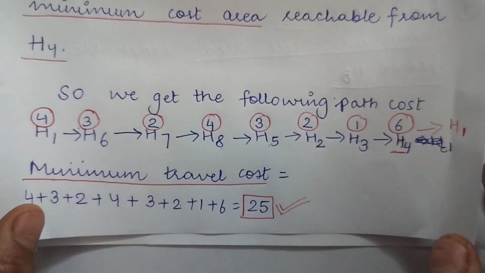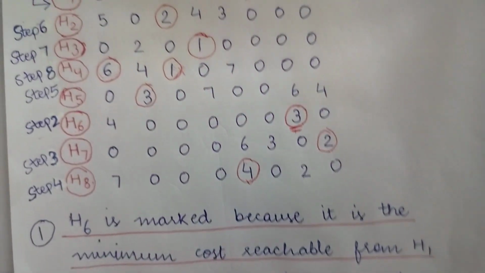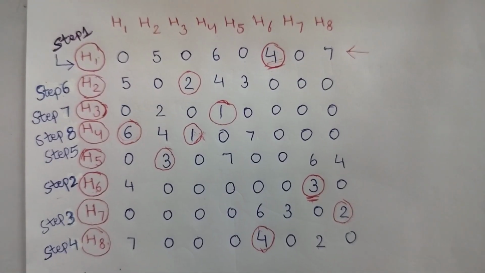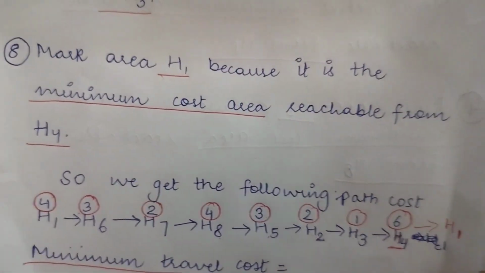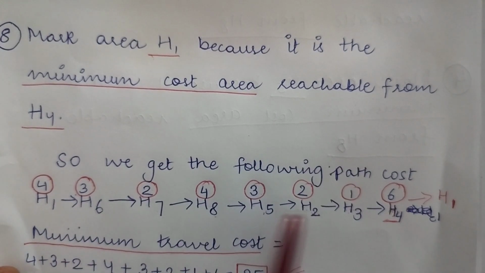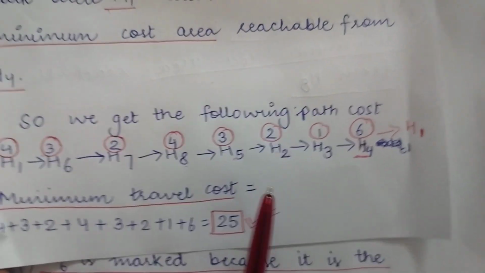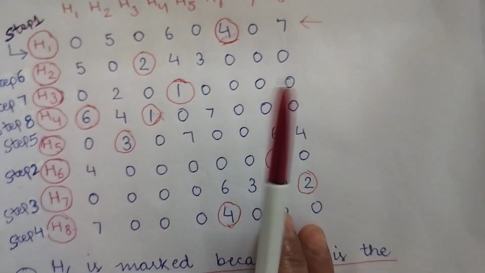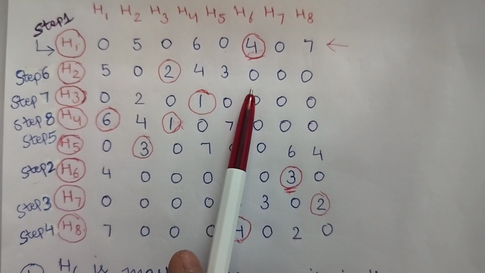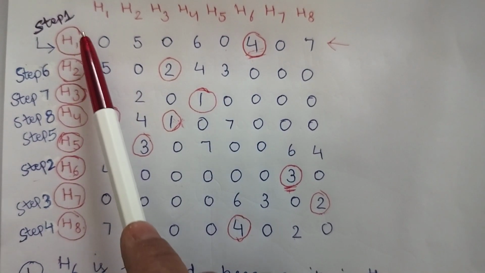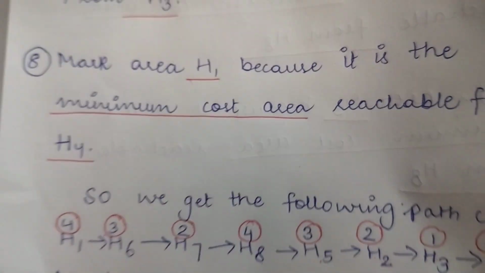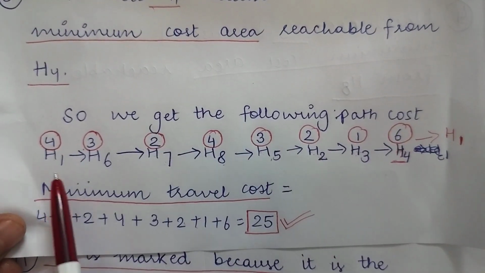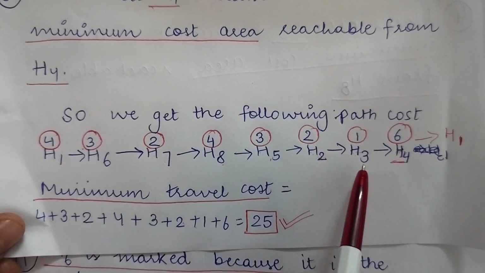So whatever I have shown you in this two-dimensional matrix or this adjacency matrix is covered here. Basically I have copied down the information from this adjacency matrix only. Starting from step 1 till the last step, that is step 8, if you copy down the minimum cost of reaching from one location to another, this is how you will get it.